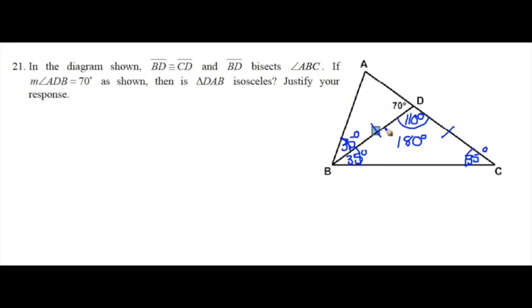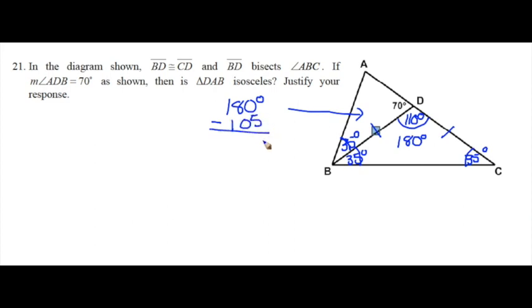Keeping in mind that we want to show that this is an isosceles triangle, we can work with the idea of the whole triangle equals 180 degrees. And we already have a 70 and a 35 accounted for, which totals 105 degrees.